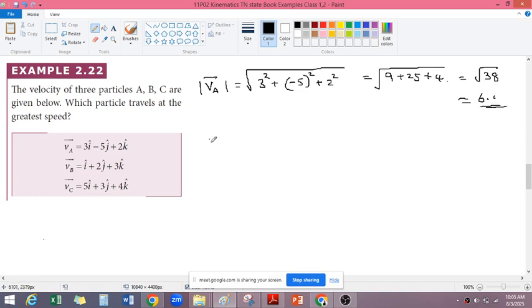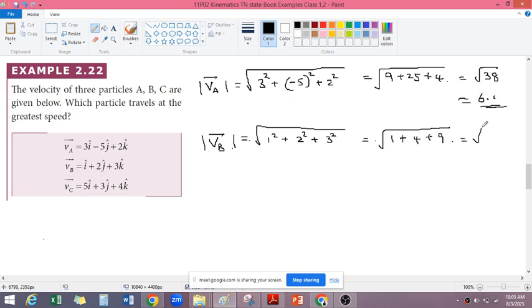Similarly do it for VB. Root of 1 square plus 2 square plus 3 square. That will give me 1 plus 4 plus 9, so 14. This will be VC.